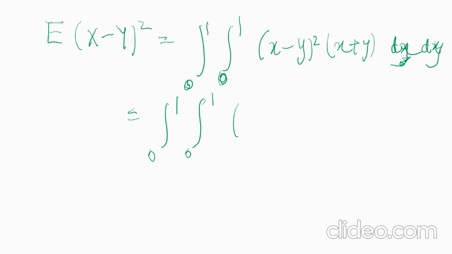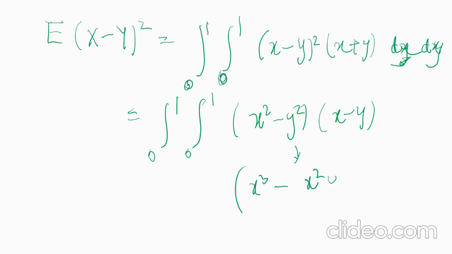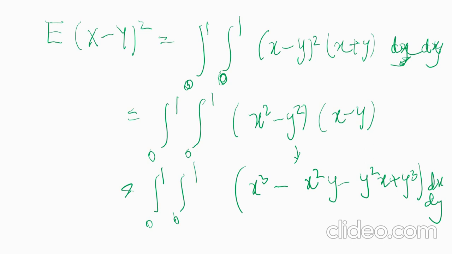So that will be x square minus y square times x minus y, which will be x cube minus x square y minus y square x plus y cube dx dy, 0 to 1, 0 to 1.